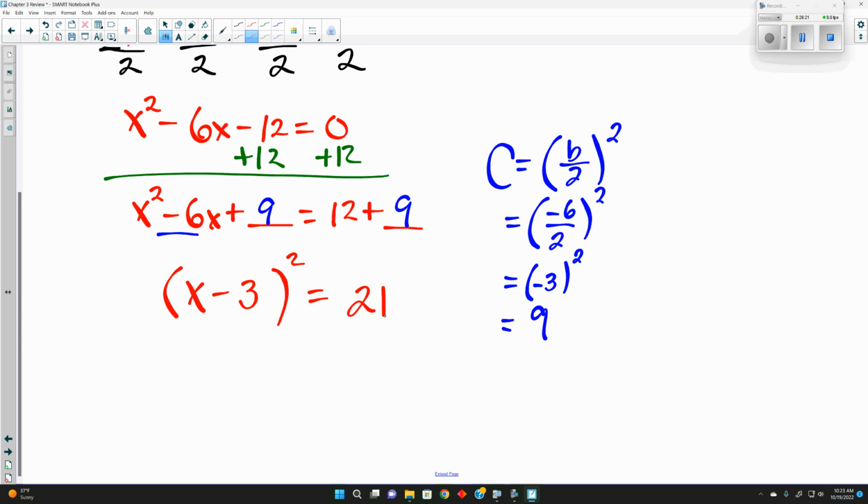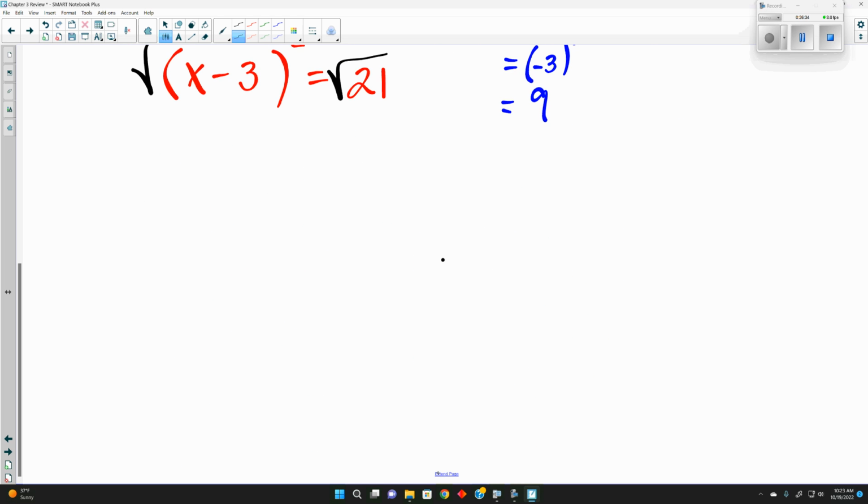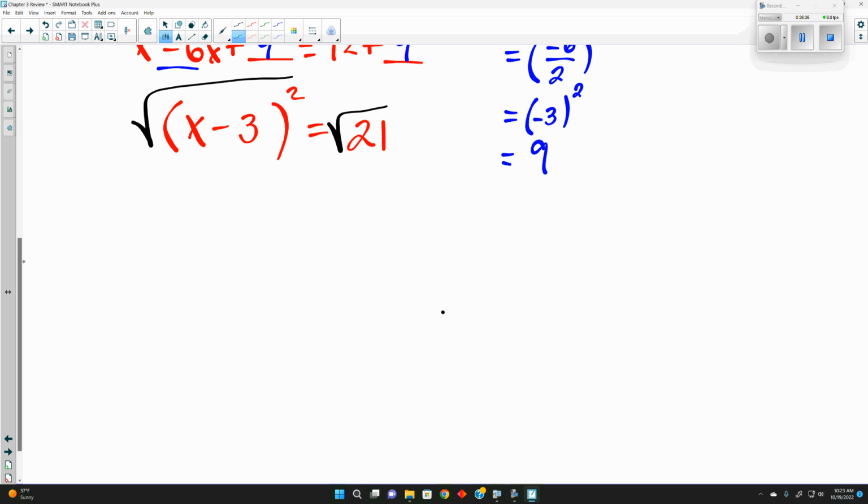Now we're essentially back to the square root method, because we're going to square root both sides. When we square root both sides, the square root and square cancel, leaving us with x minus 3 is equal to plus or minus the square root of 21. In those yellow calculators, I will try simplifying the square root of 21.